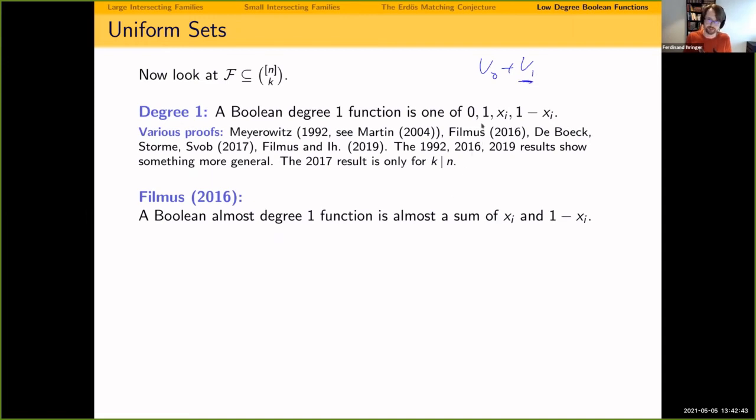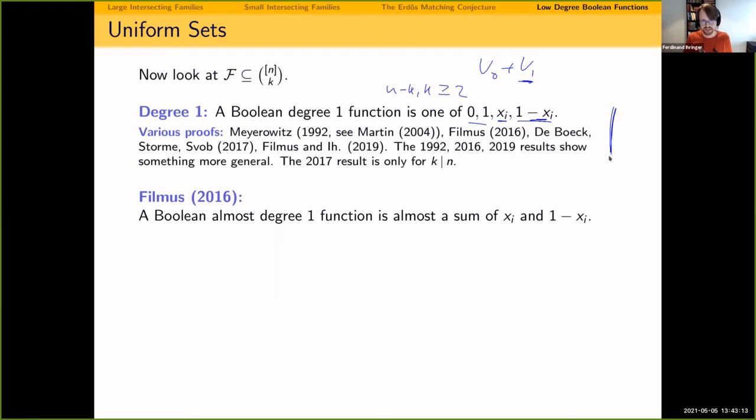And then you can show for k-sets, it must be constant or it only depends on one coordinate. I think you need some restriction here, like n minus k and k have to be at least 2. Otherwise, that's not true. And this was shown many times independently, usually as an example motivating a more general result.